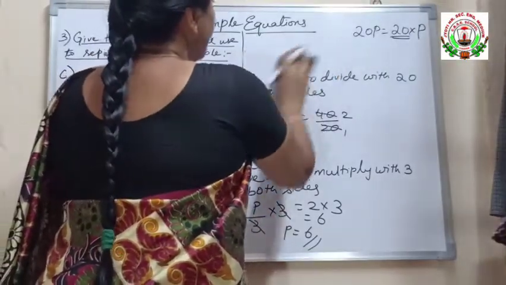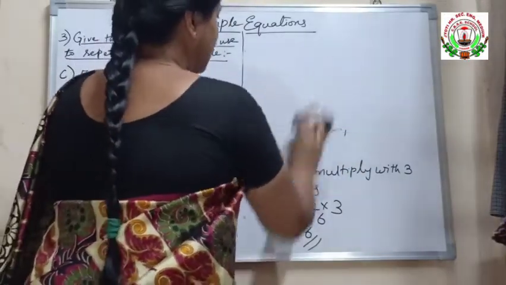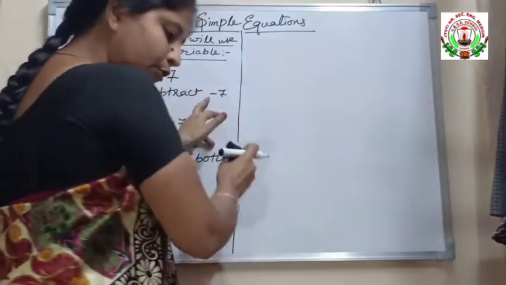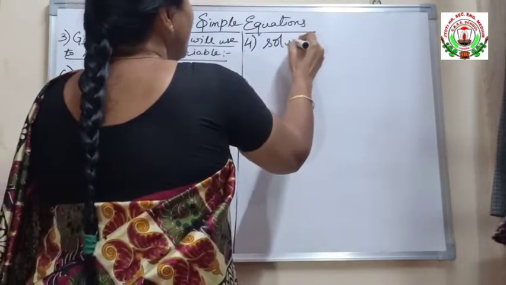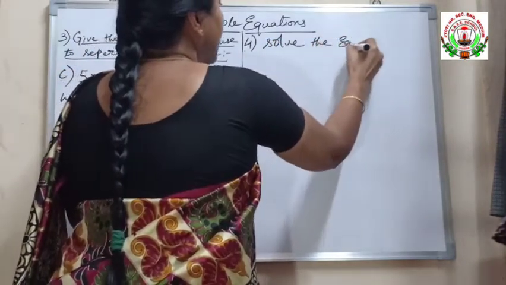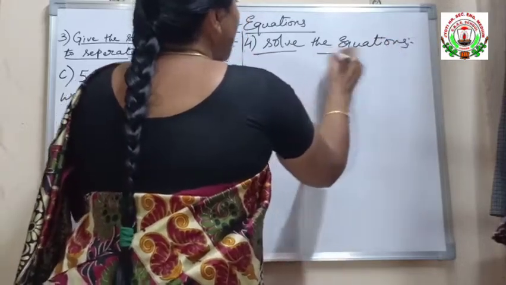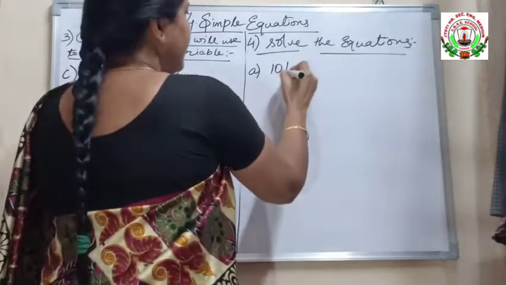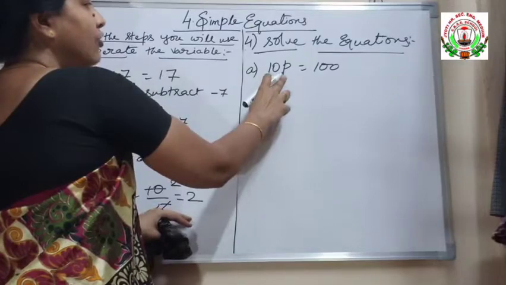Fourth question is given as solve the equations. This one, first one they have given as 10p is equals to 100. Again we have to find the value of p.